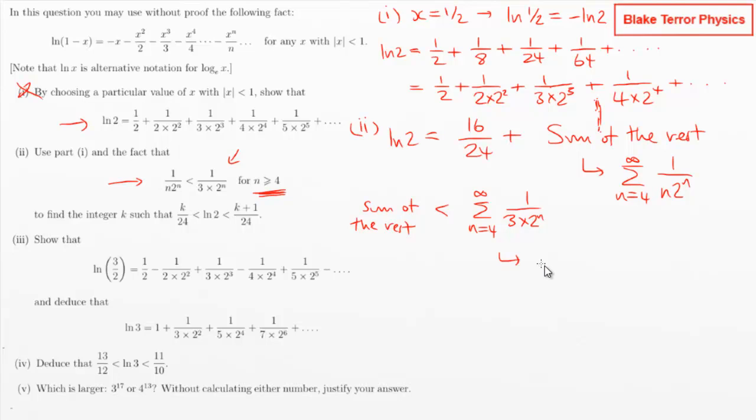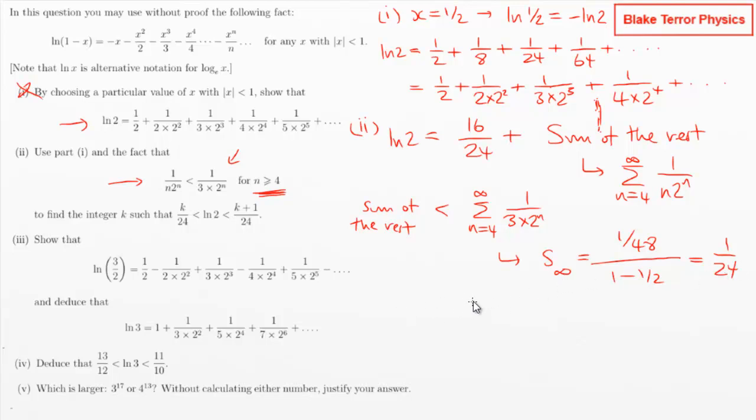And it doesn't necessarily matter that we're starting at 4, provided we get our first term, we can still do the sum to infinity. So first term is going to be 1 over 3 times 16, so 1 over 48, divided by 1 minus a half. So 2 lots of that, so 1 over 24, perfect.